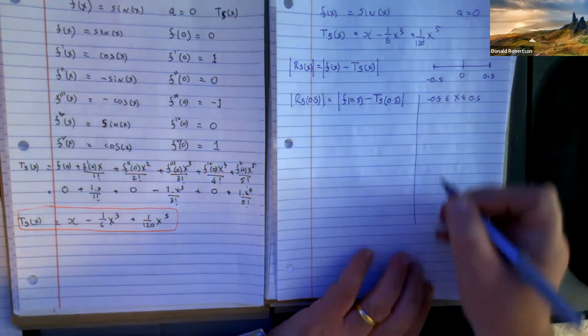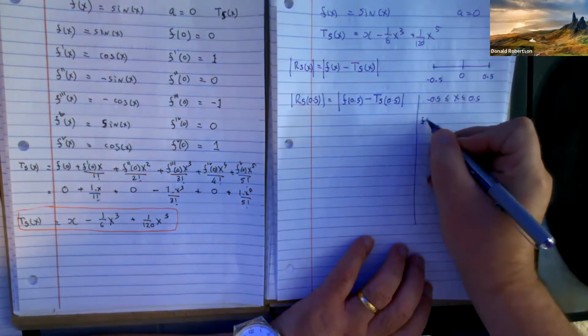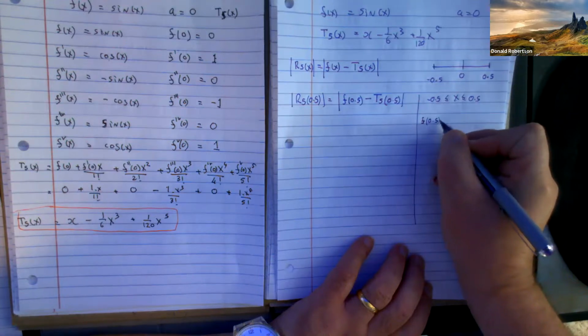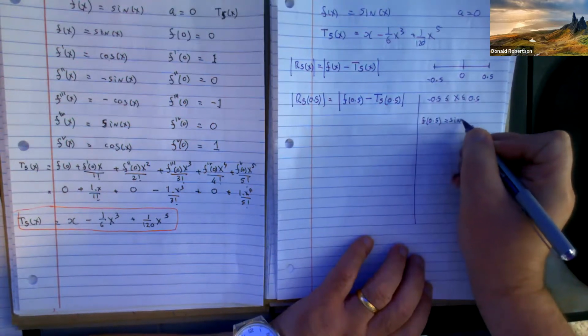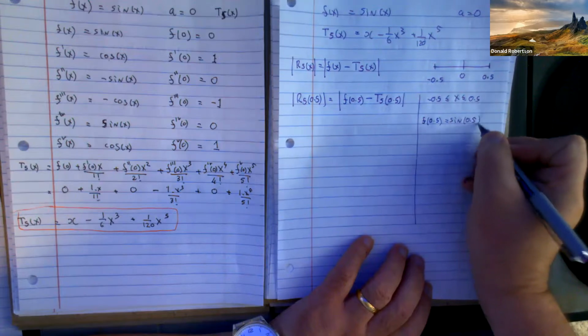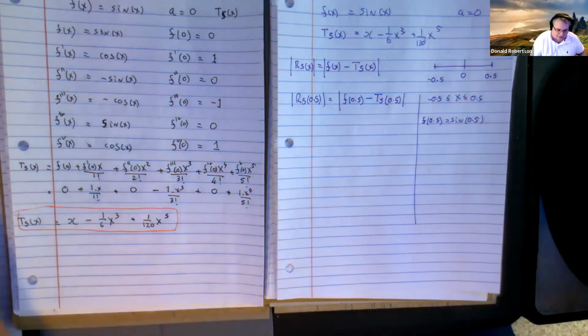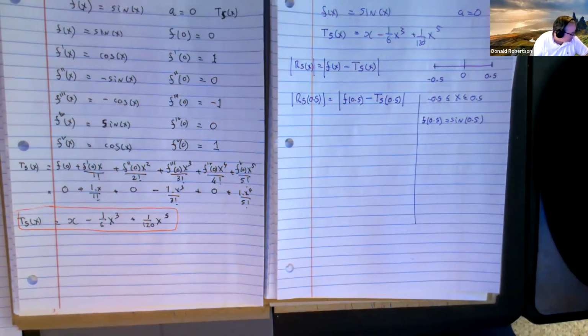And I'll do this over at the side. The value of the function at 0.5, the real value, is that guy. And I'm going to set this guy up. And we'll do it on the calculator. Here we go.